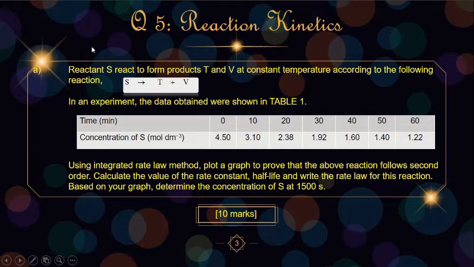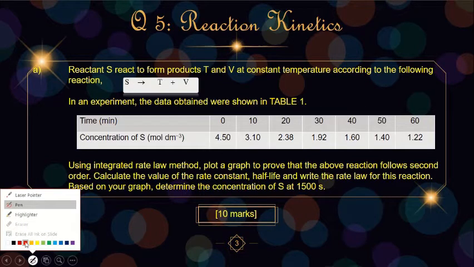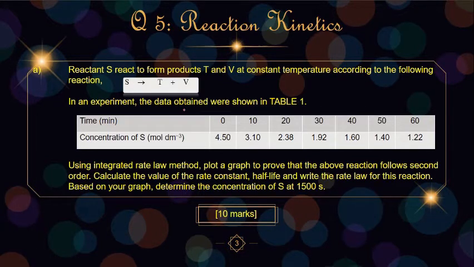Okay, S reacts to form products T and V at a constant temperature according to the following reaction. If you can see here, in an experiment, the data obtained was shown in table 1.